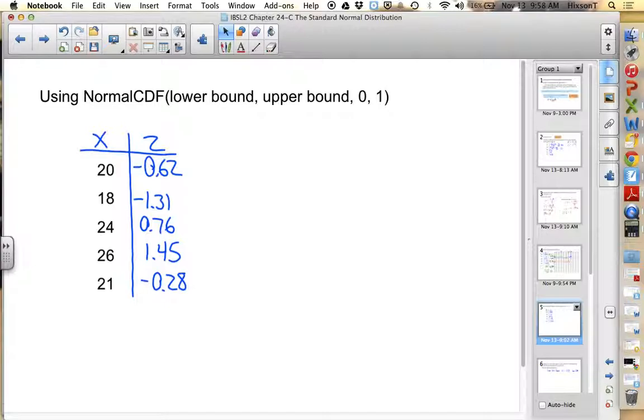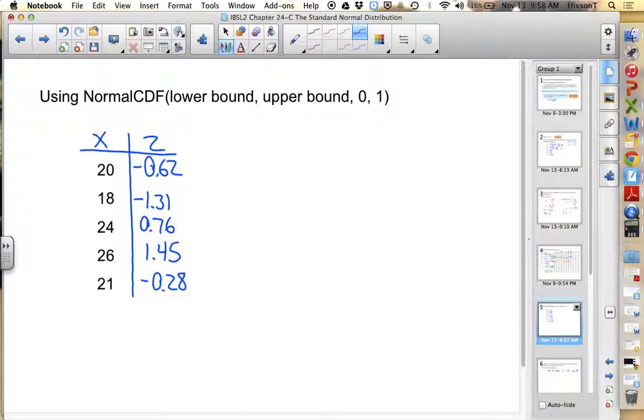But as we'll see as we move forward, we are going to need the z's later. It's helpful to practice with them, and in some ways it makes it a little easier. We're going to use the normal CDF function on our calculators like we did the other day to find probabilities.